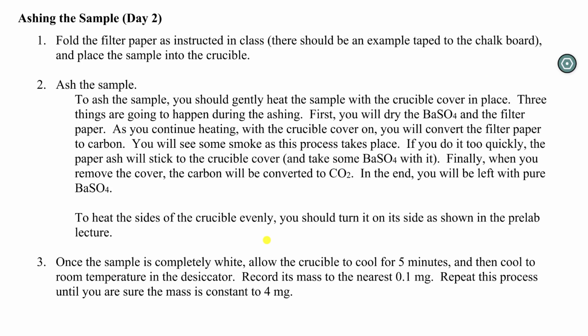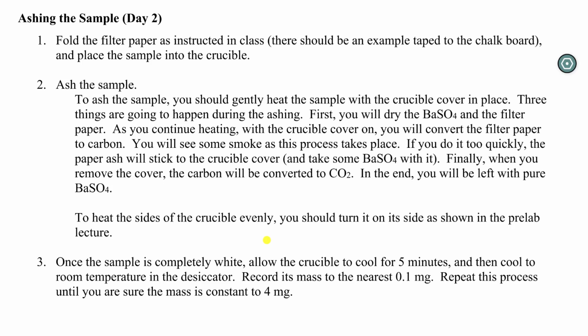So on day 2 of this experiment is when you'll ash the samples. Now, you'll know that you filtered it on day 1, and it's in a filter paper. What we'll have you do if you've already heated your crucibles is we'll have you stick them inside your crucible so you can keep track of which sample is in which crucible.